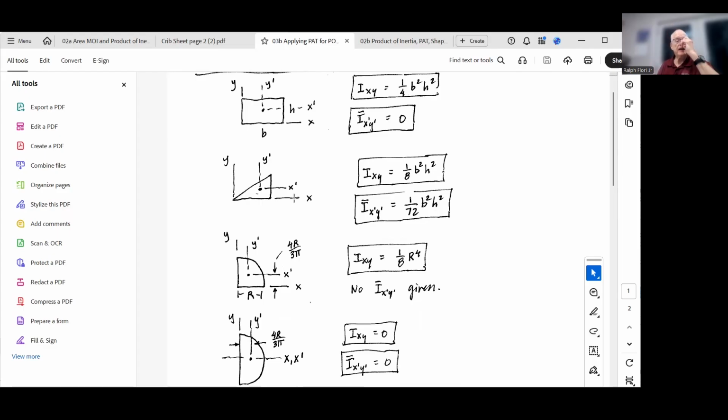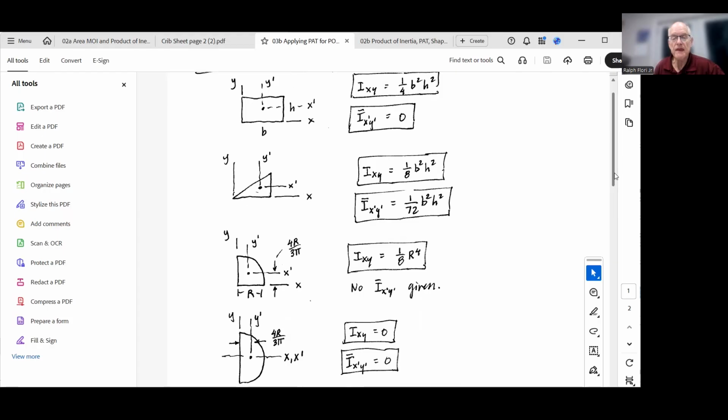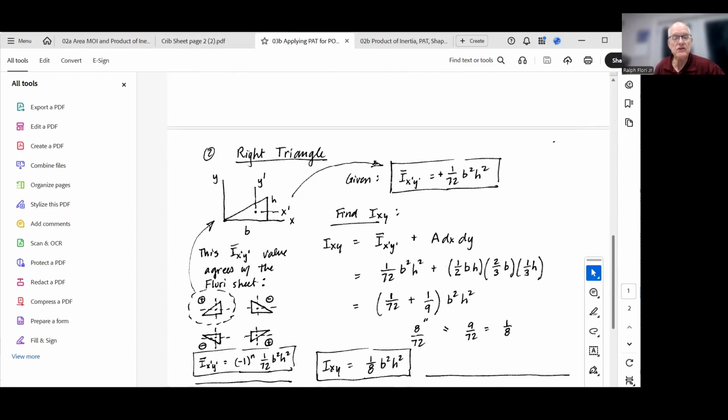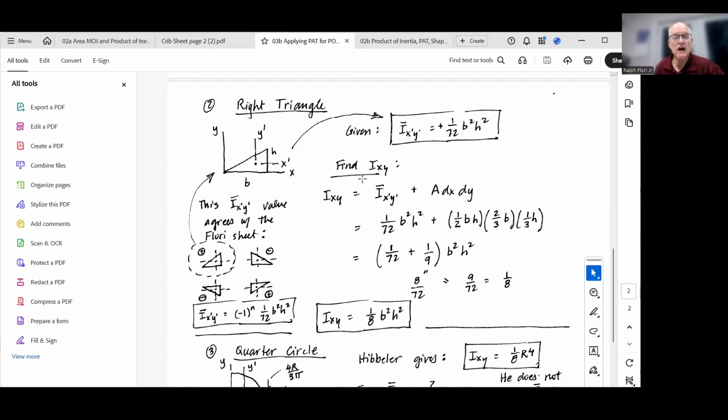Next, for this right triangle, he gives a centroidal value, which is positive 1/72 b squared h squared, and he gives an Ixy, which is 1/8 b squared h squared. Let's use the parallel axis theorem to prove this. On the next page, we're going to accept the centroidal value, 1/72 b squared h squared, and find Ixy.